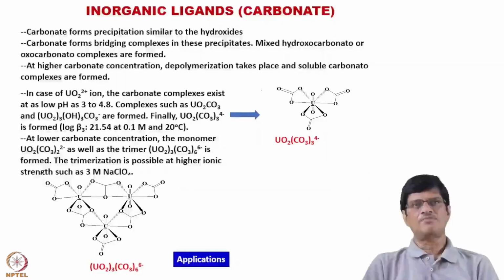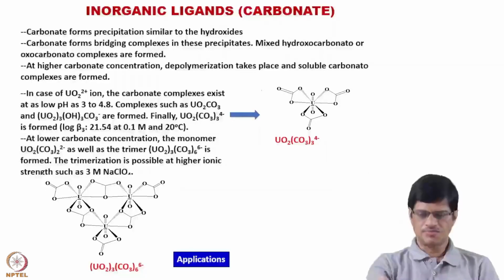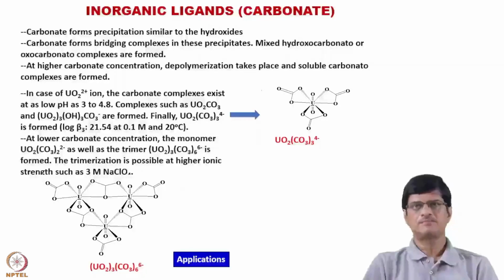Different types of carbonate complexes are formed, such as UO2CO3 and trimeric species, that is (UO2)3(OH)3CO3 minus. Finally, you get the monomeric soluble complex [UO2(CO3)3]4-, and the structure of this complex is given here.